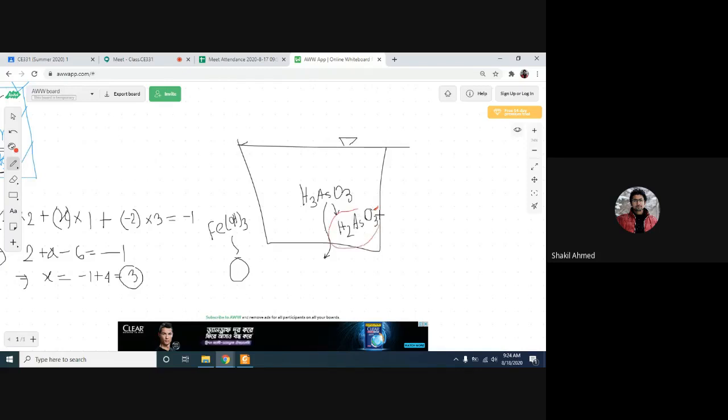This ionized form can be easily adsorbed in a ferric hydroxide coating and removed, but this cannot be done because it doesn't have any charge. So your objective is to convert this form to this form. Is it clear?